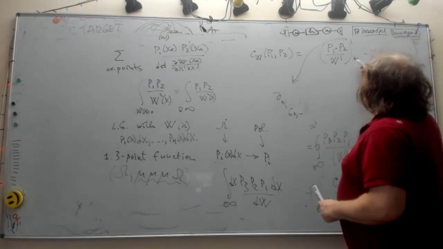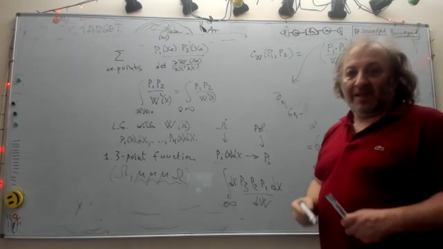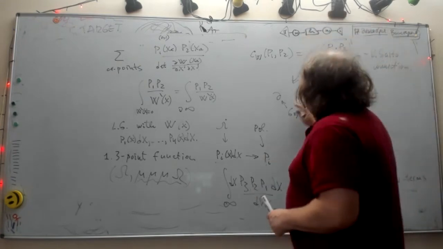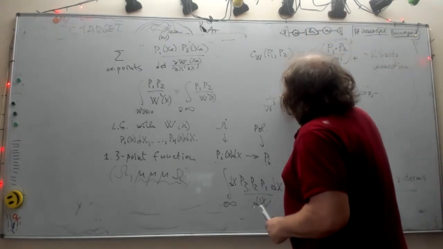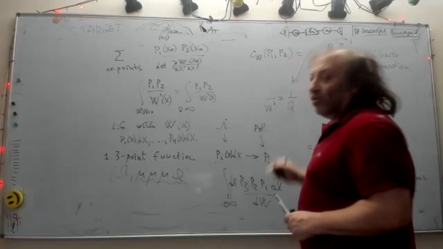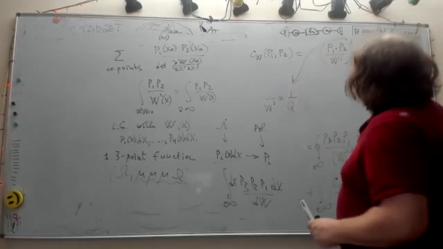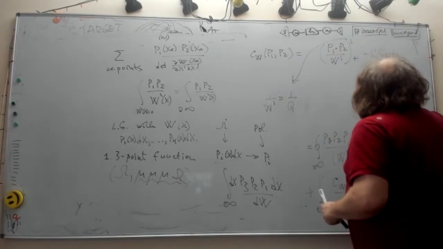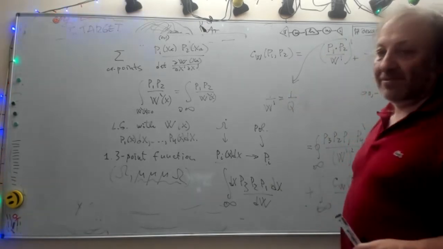Now, what is explanation of this W prime in the denominator? Of course, 1 over W prime is the attempt to take 1 over Q. So now you may see that it looks like this. 1 over Q of something.